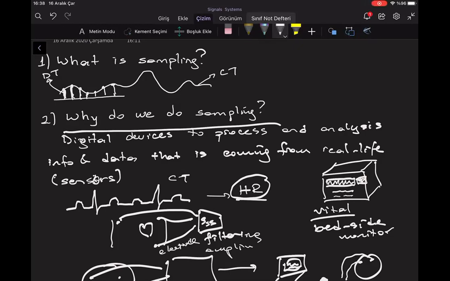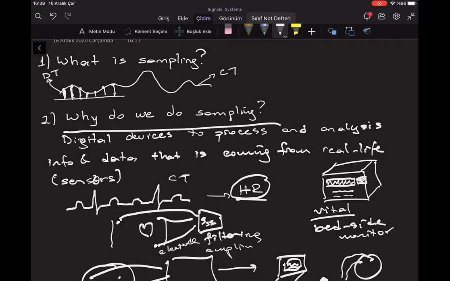Or the heart or the muscle strength. So I would like to do some processing in my computer or in my microprocessor. That's why I need to do sampling.